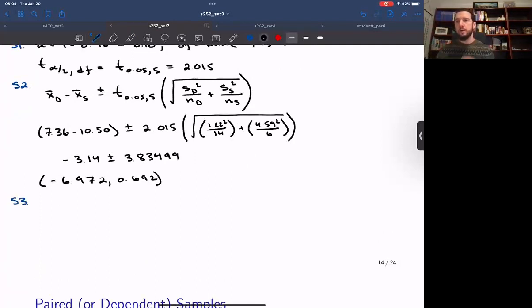All right, so now we can conclude, using the standard interpretative statements for a confidence interval.